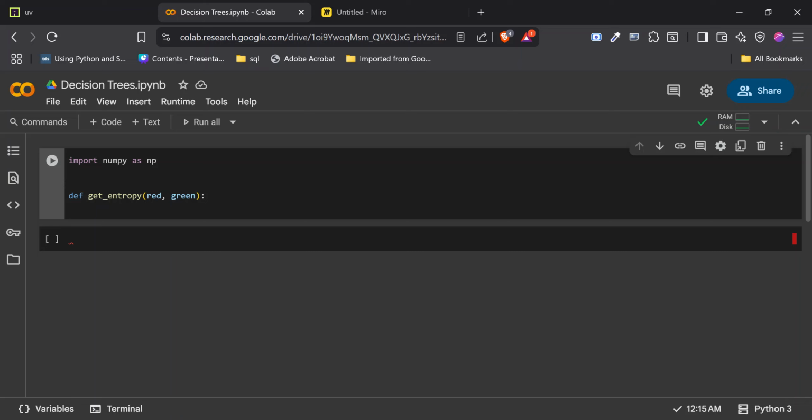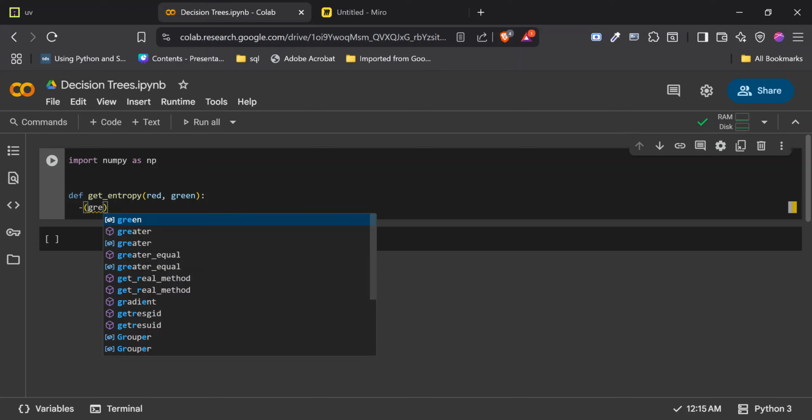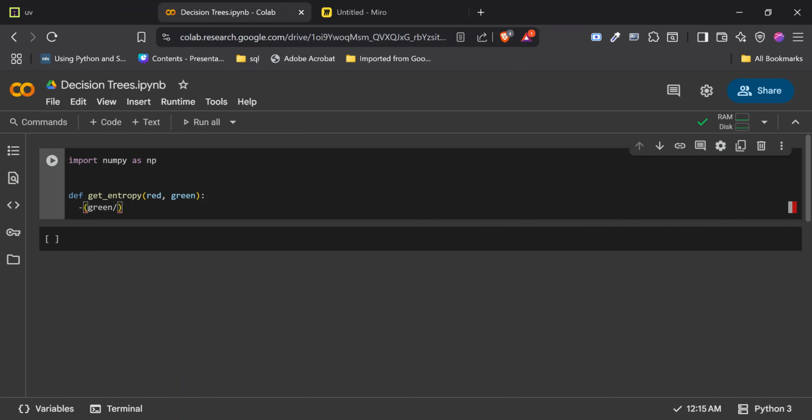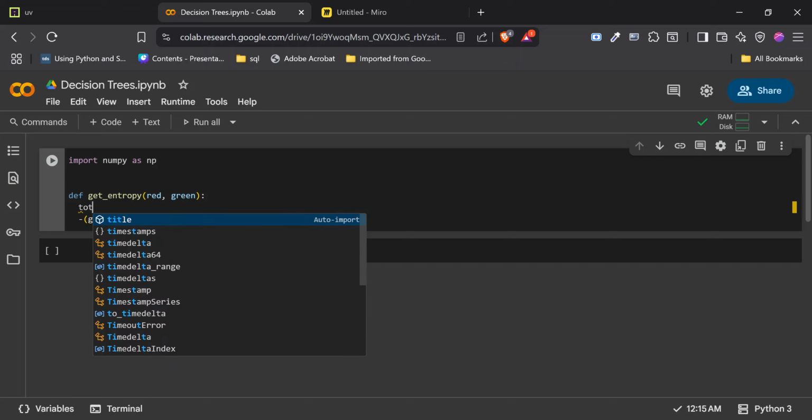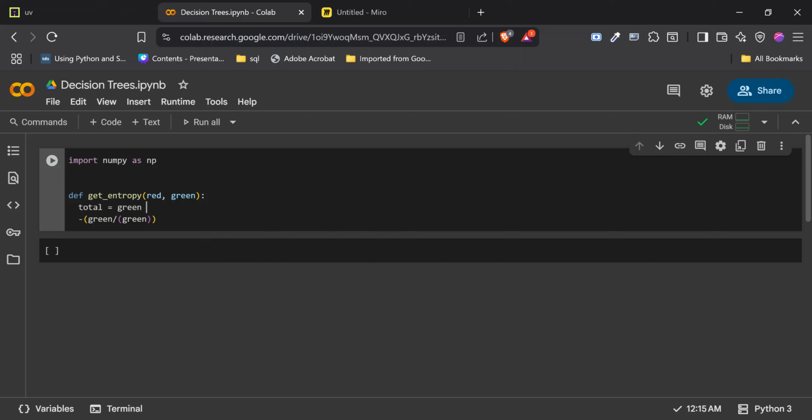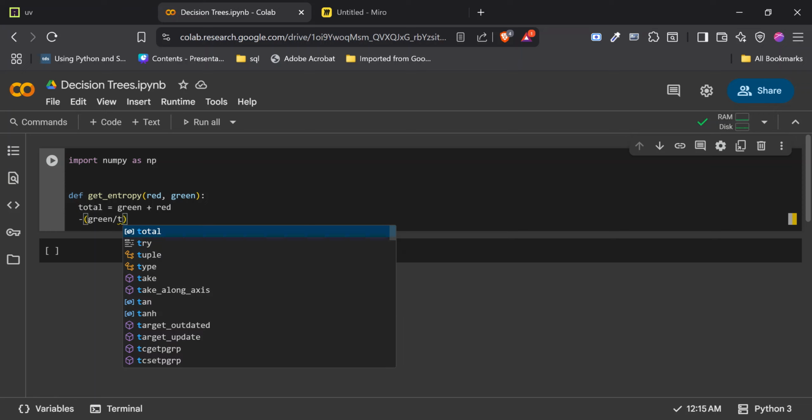So we'll come here and say negative, and we can start off by saying total equals green plus red, and we can say negative that all over total, that is negative green over total.